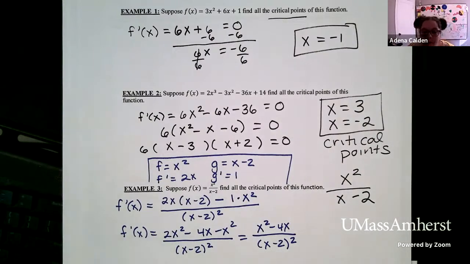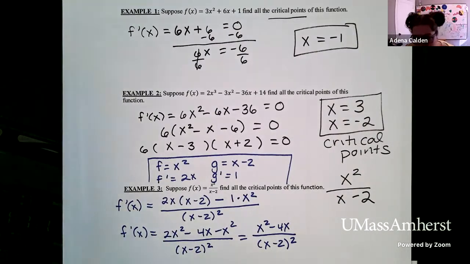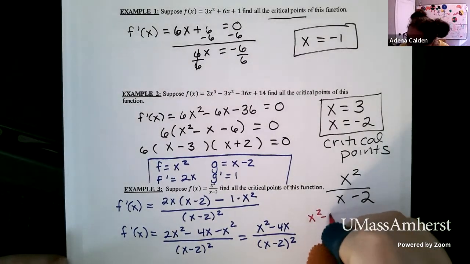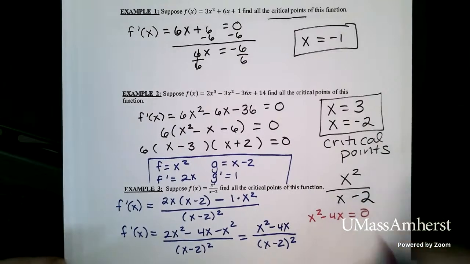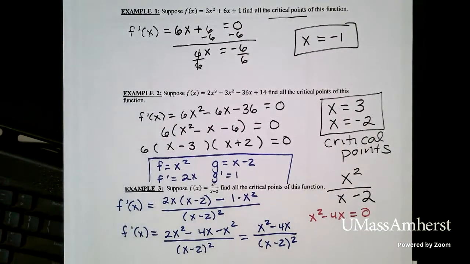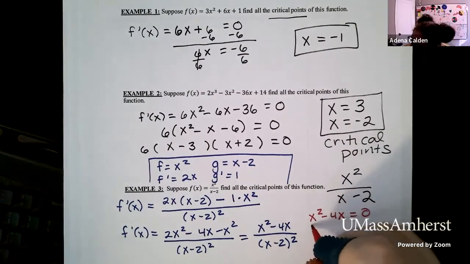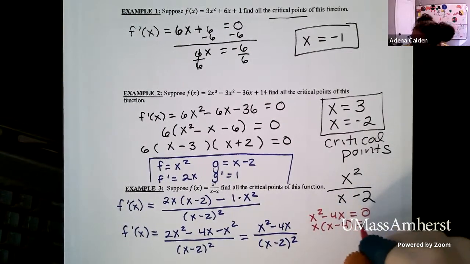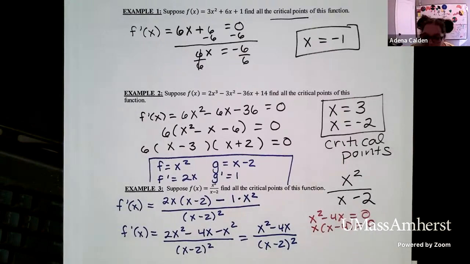And I have something that looks like this. If I want to know when a quotient equals 0, that will only happen if the numerator equals 0. So I can separate out the numerator to set equal to 0 for the first part of what I need to do. I take that numerator, x squared minus 4x, and set that equal to 0. I notice that I can factor out an x, and I'm left with x times (x minus 4) equals 0.